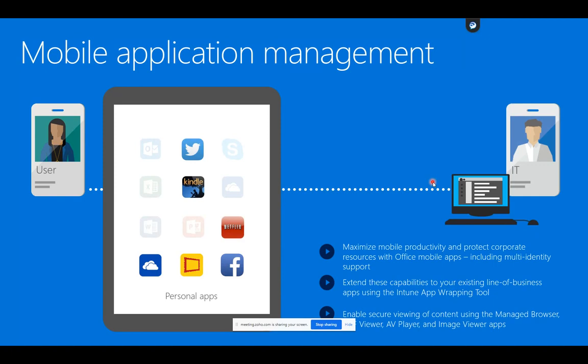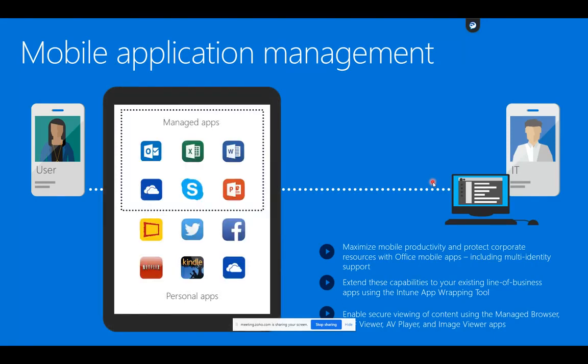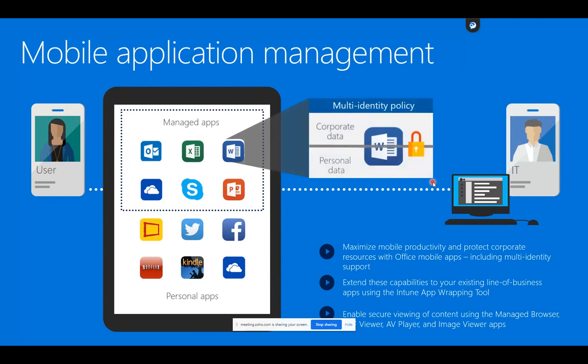Once they have been identified, it will group all the corporate managed applications together and make sure that the data being used by these managed apps stays within the managed apps itself. For example, I have a Word application on my device which is managed by the compliance policy of my organization. So on this I can open my personal data as well as my corporate data.